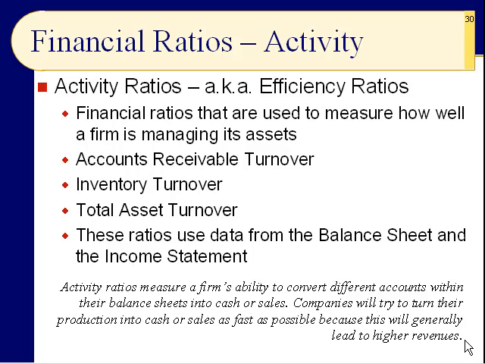Now remember, every industry is different, but we take a look at the competitors and we see very similar amounts. If we see something that's not similar, that's a red flag. Maybe it's a good thing, maybe it's a bad thing, but it just means we have more investigation to do. So: accounts receivable turnover, inventory turnover, and total assets turnover, and we use the balance sheet and the income statement.